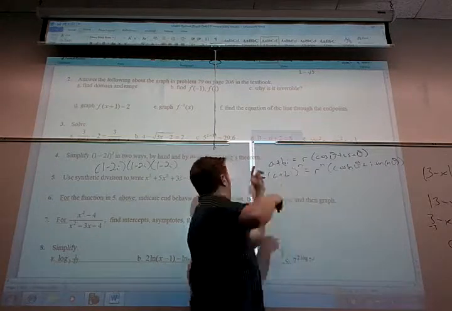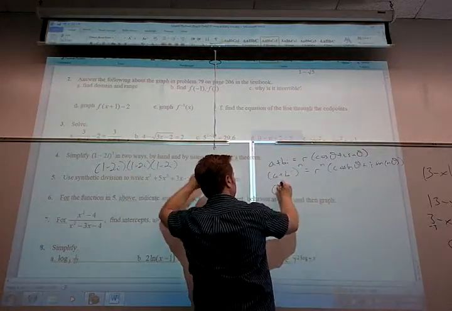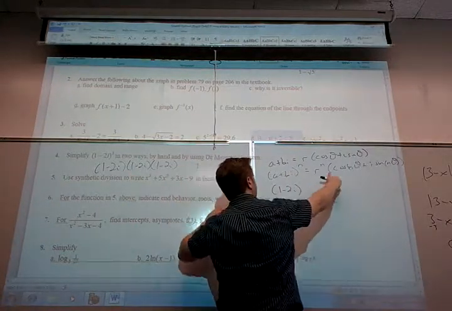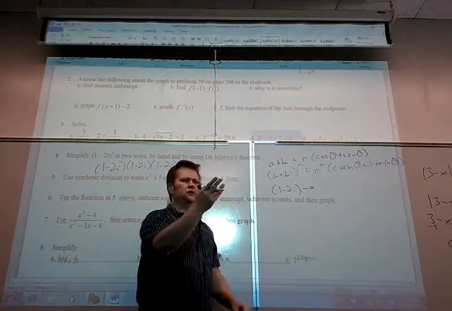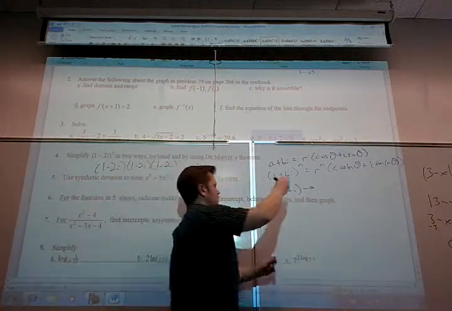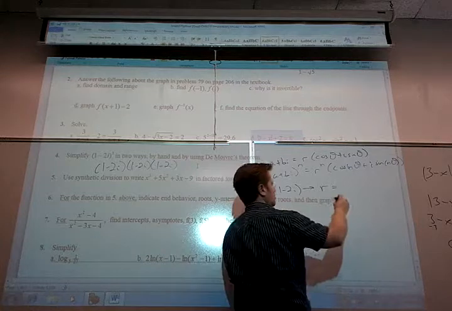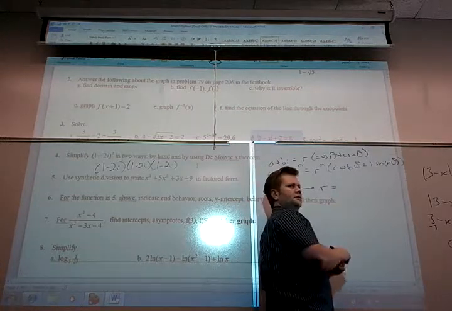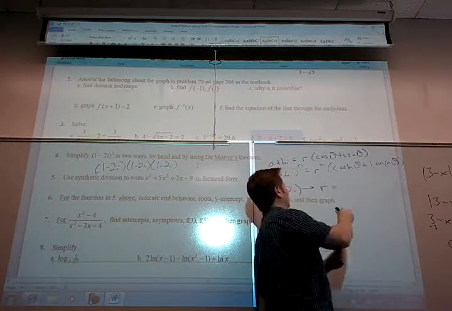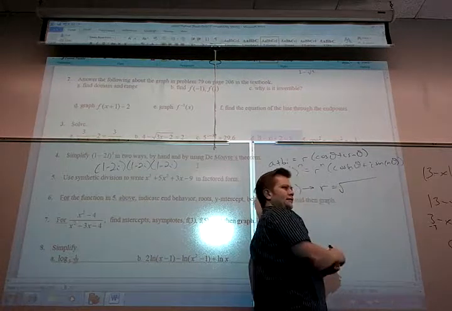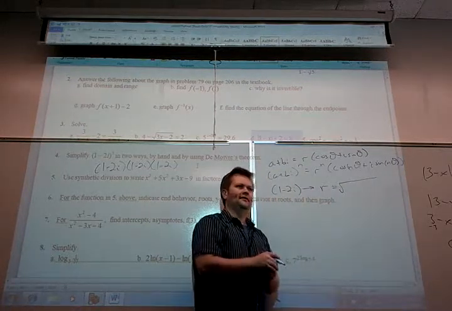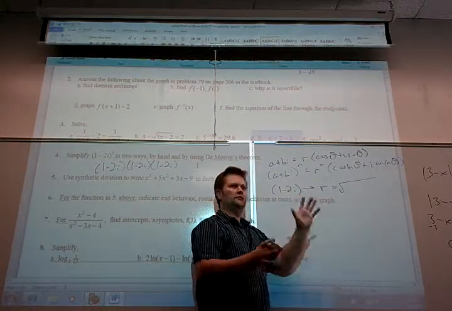So how do I rewrite this in that form? What can I find first? Yeah, what's r going to be? 1 squared plus negative 2 squared.